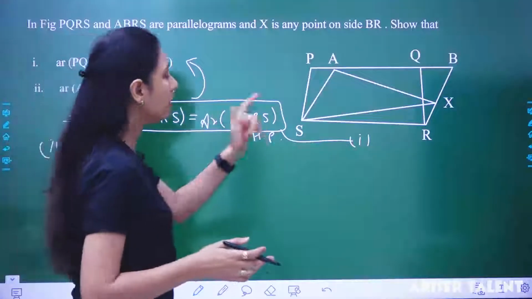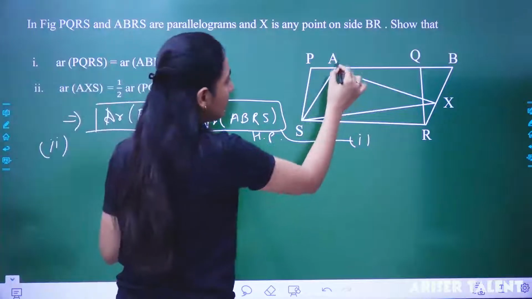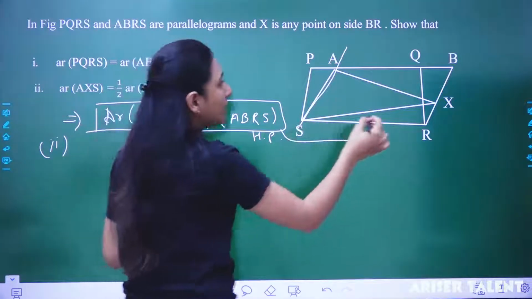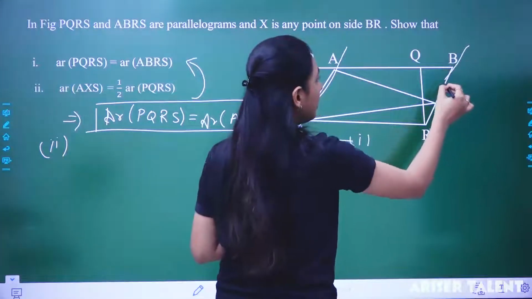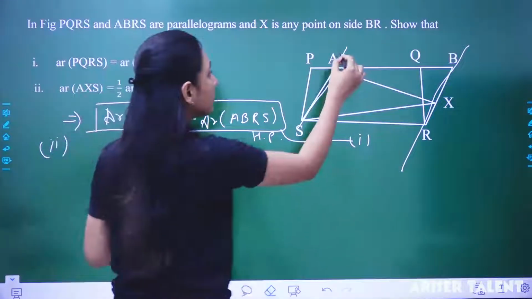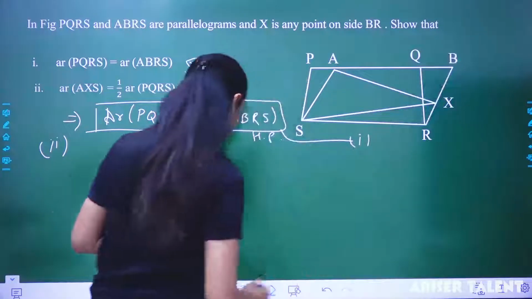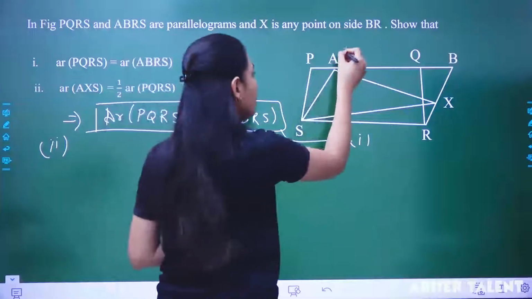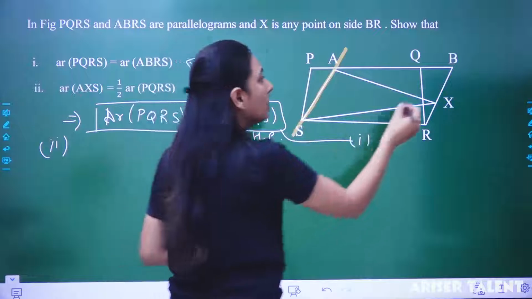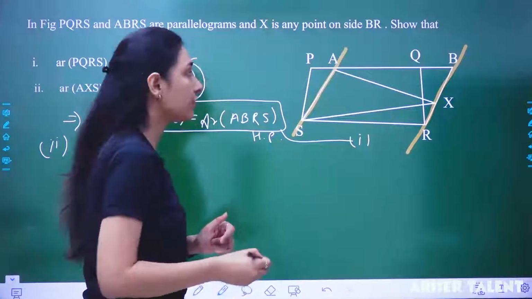Now, with the second thing, we have this set of parallel lines AS and BR. Let me use a different color. These are parallel to each other.